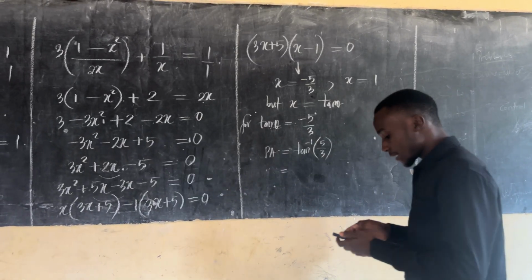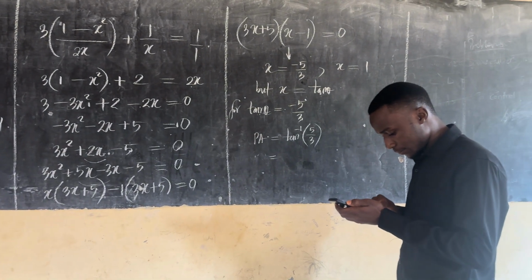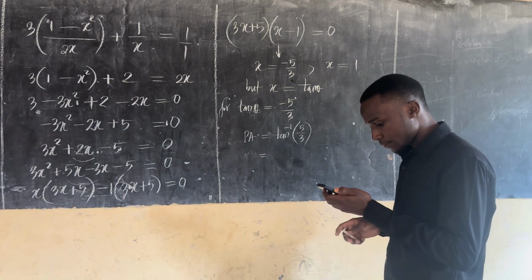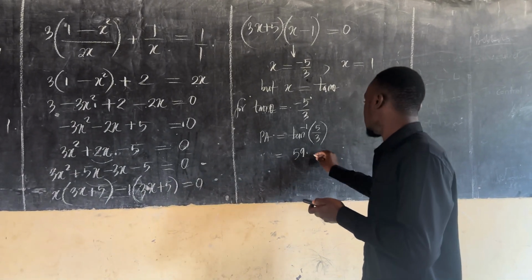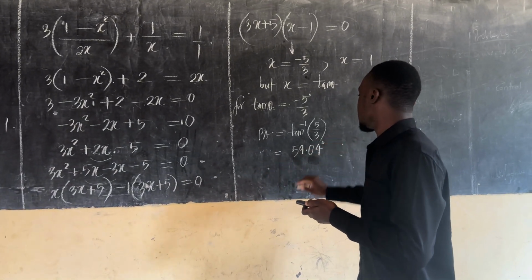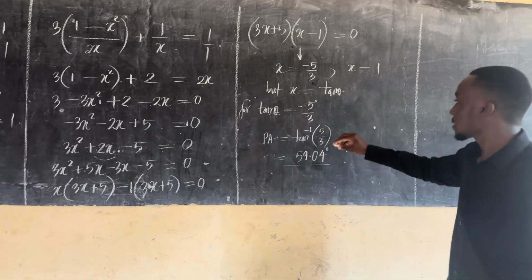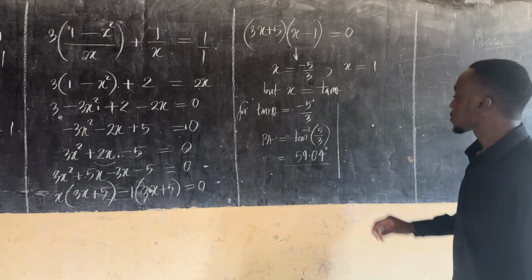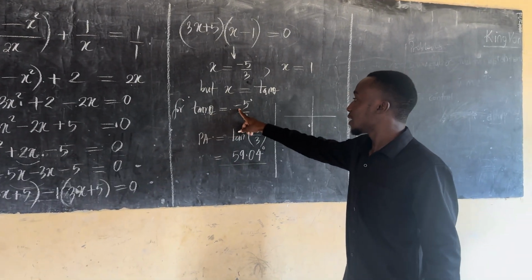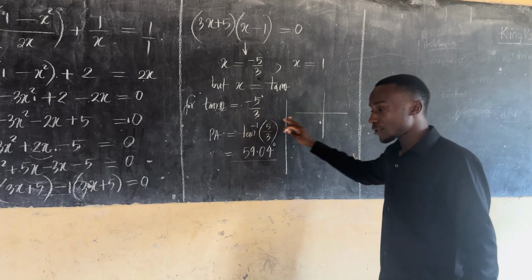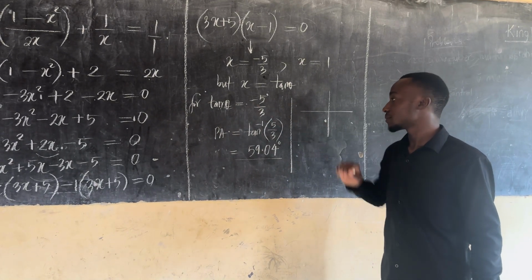This will give us 59.04 degrees. Which angle we shall use is decided by asking ourselves in which quadrant tan is negative. It is at this point that the effect of this negative is recognized or used.